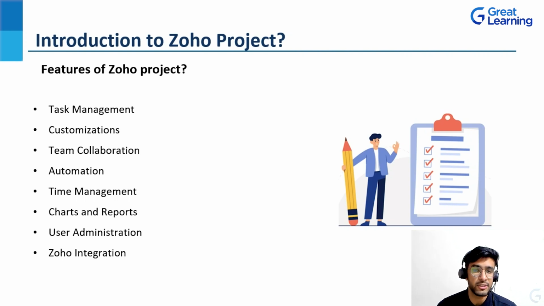Then there is a timesheet wherein the amount of time that is spent on the task can be logged manually or automatically with respect to the activity shown in Zoho Projects. This way, the amount of productive time can be calculated for any particular group of individuals or for a single person, right? So that's how time management is managed in Zoho Projects.